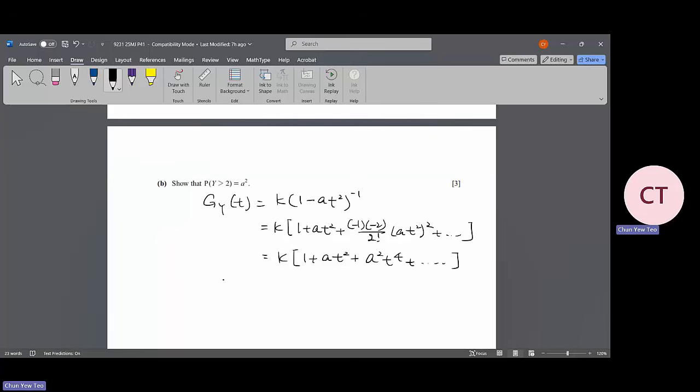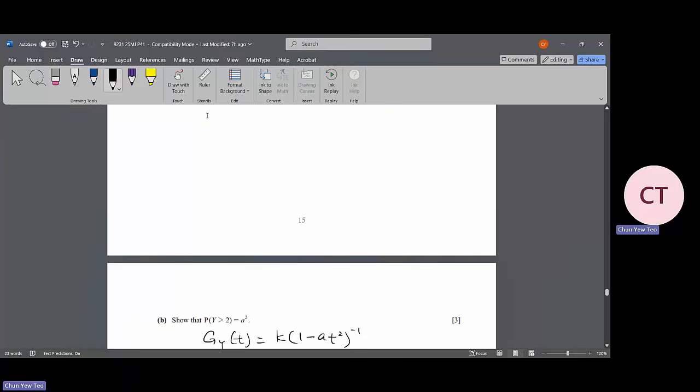So to get P(Y greater than 2), that means it's the same as 1 minus P(Y less than or equal to 2). So it will be 1 minus k plus ka. So you will have 1 minus k times 1 plus a.